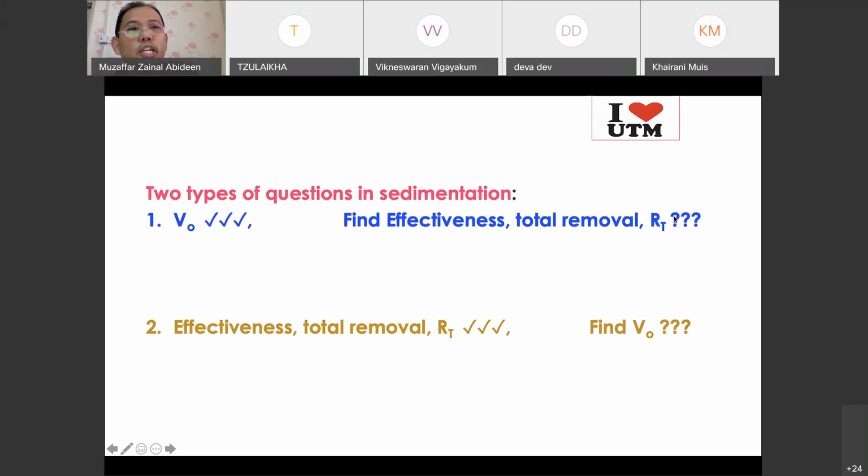That's one question, and we have covered it in our first face-to-face lecture. But today we're going to continue on another kind of question, whereby the effectiveness, or the RT, is given, and we have to find the V naught. Okay, it's the opposite direction. So let's do it.